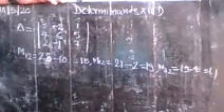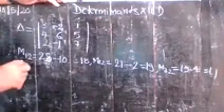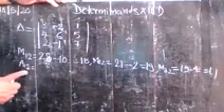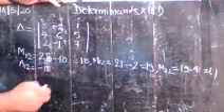Now what do you know about the cofactor? If i plus j is even, then the value of cofactor and the minor are the same. And if i plus j is odd, then the cofactor is minus times the minor. So A12, here 1 plus 2 is odd, so the cofactor is minus 18.